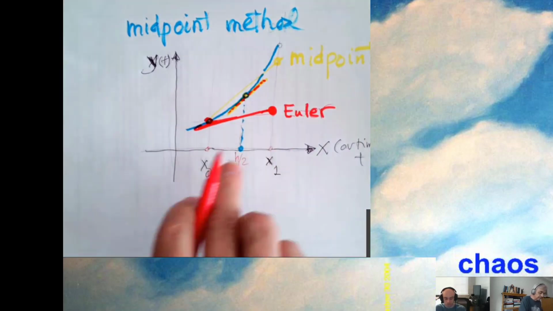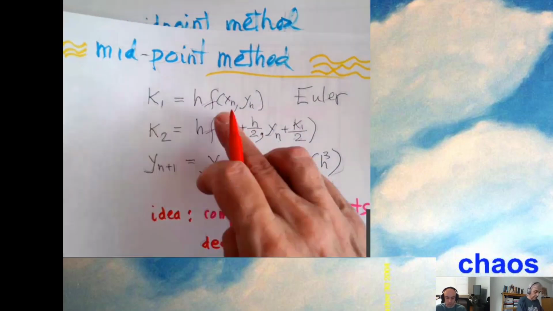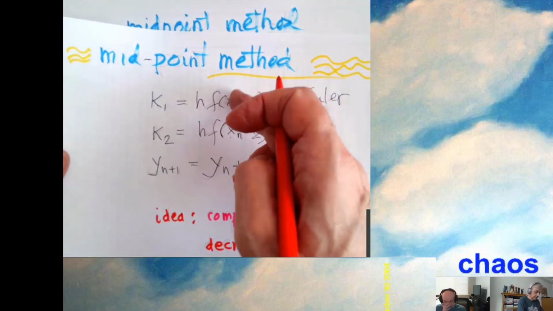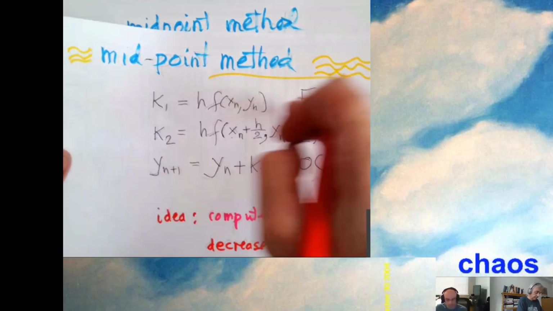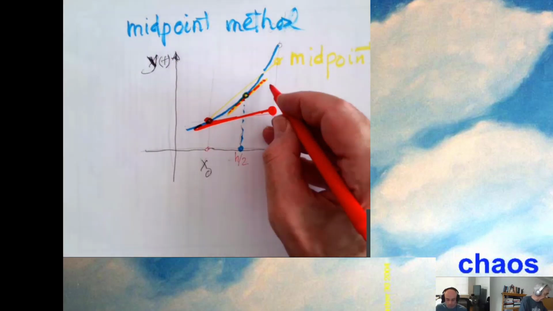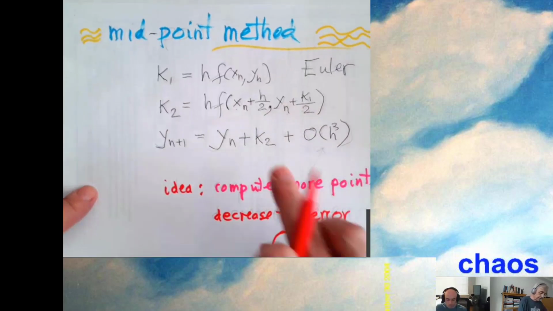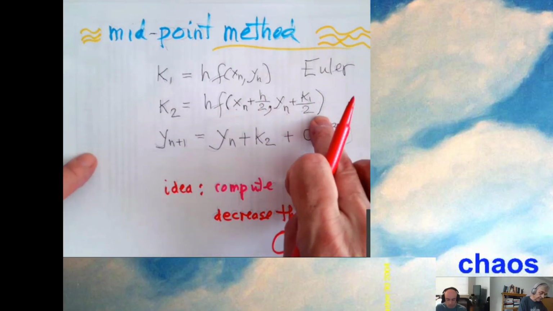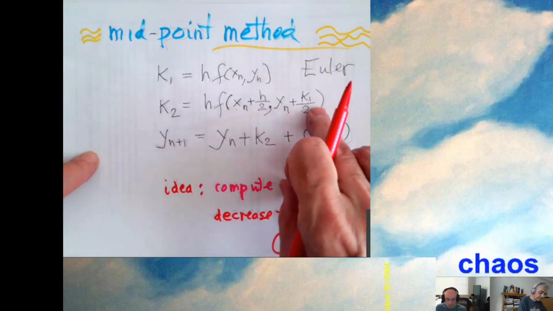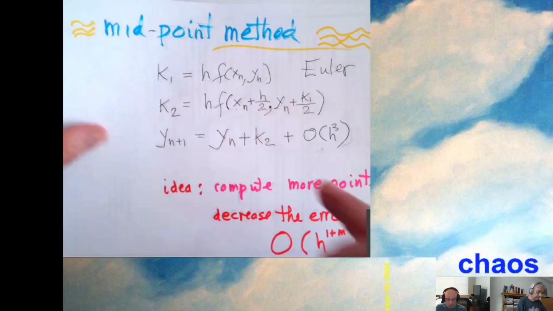Now, what's the tangent? This function f is the tangent. It has dimensions of height divided by time. So this is what this tangent is, and this guy is pointing this way. Now what this method says is go to the midpoint and use that slope at the midpoint. That's what K2 is.